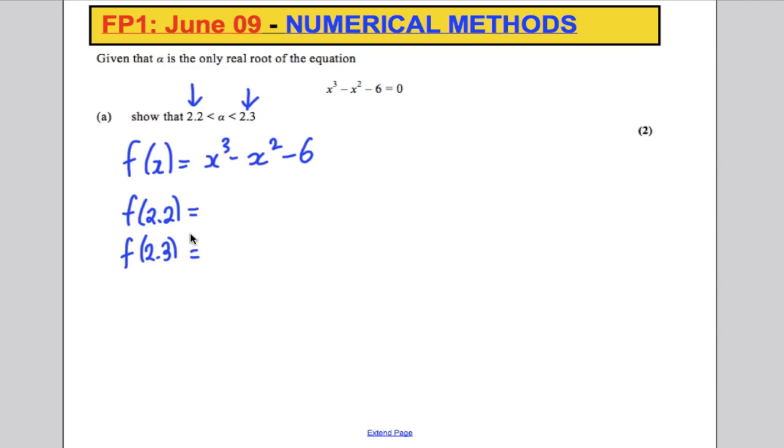So in your calculator, type x cubed subtract x squared subtract 6, and the calculate button, work it out at 2.2.